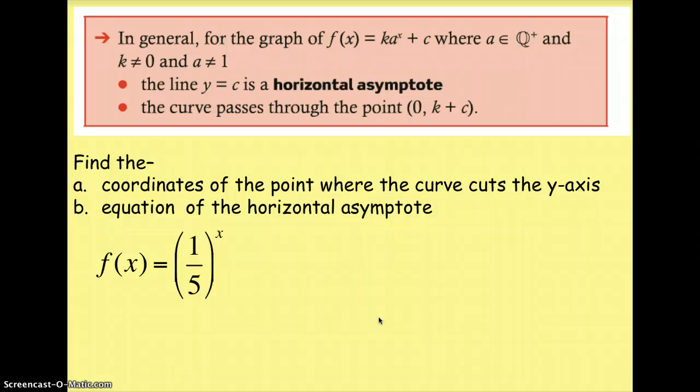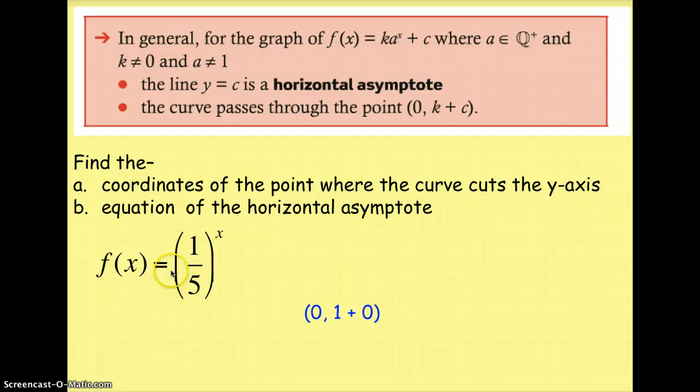Let's have another example. What if it's 1/5 raised to the x? Again, for the y-intercept, you're going to follow this format. You right away write 0, and then your k, the number beside 1/5.